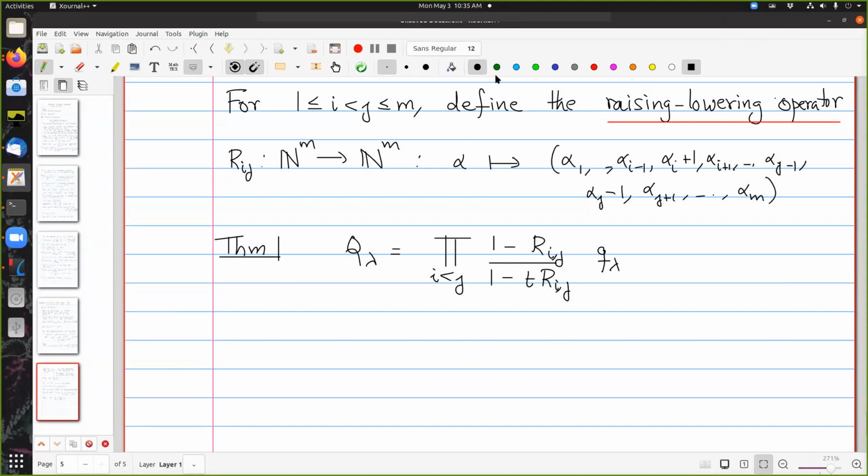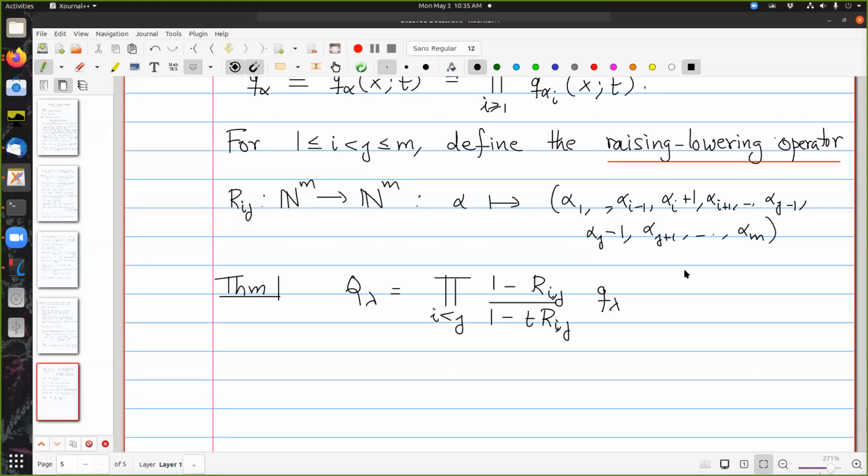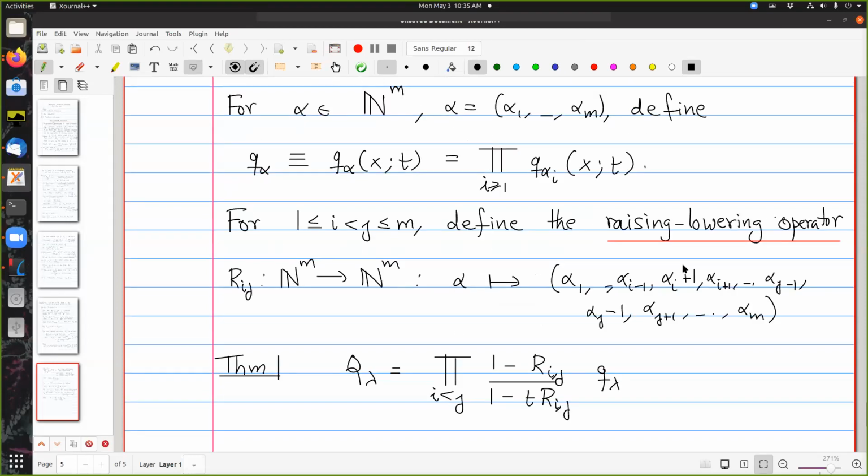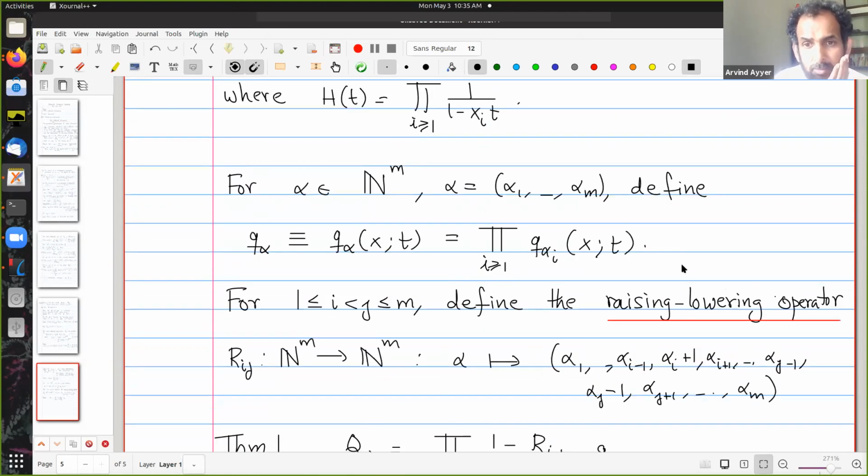There's some confusion in the small q's. I mean, now you have infinitely many variables. Yes, I have infinitely many variables. Here I want alpha to be a weak composition.